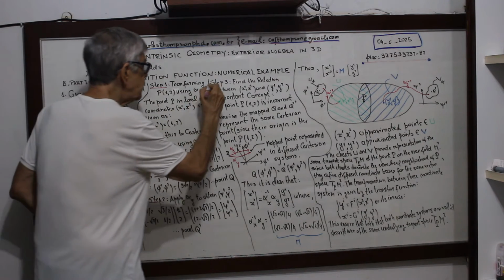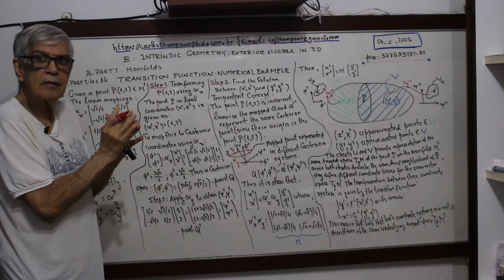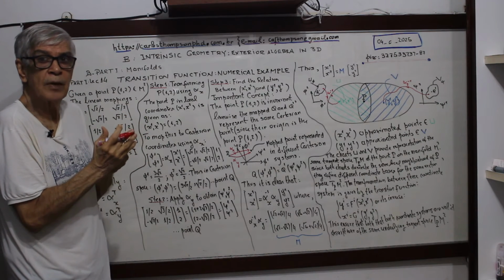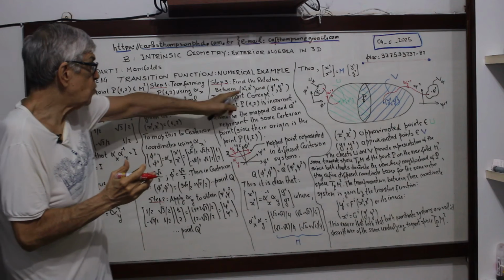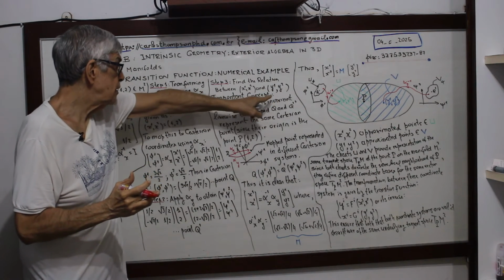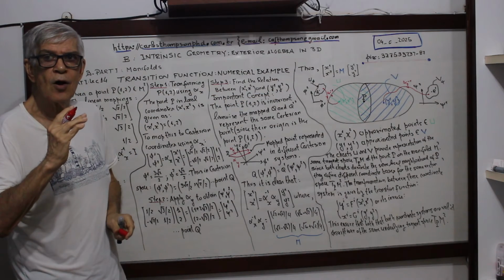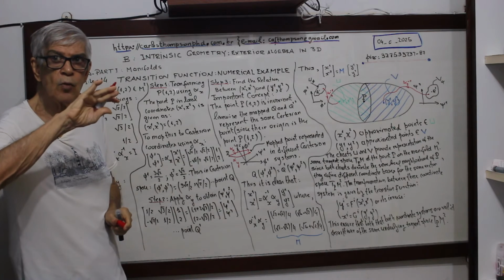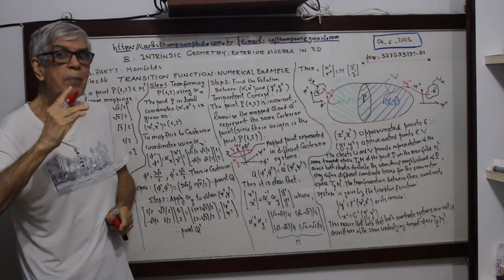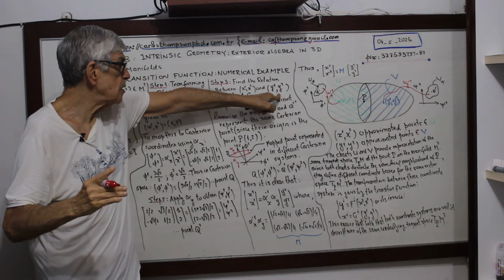Now, step 3. Since the point is invariant, I can relate this coordinate to this one. Now, this y1, y2 is a coordinate of points on the manifold, which are represented by the coordinate system over here.